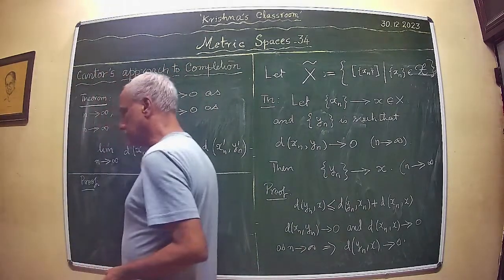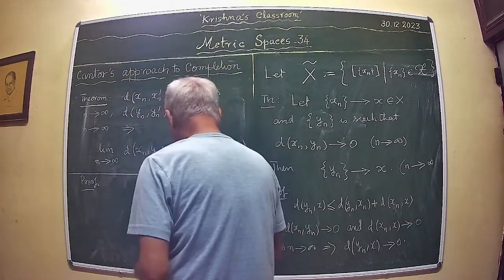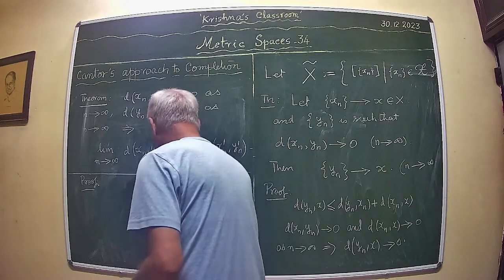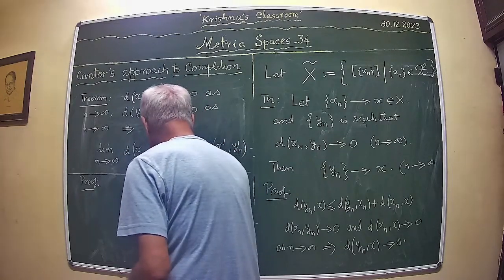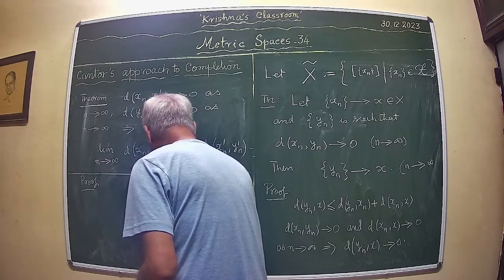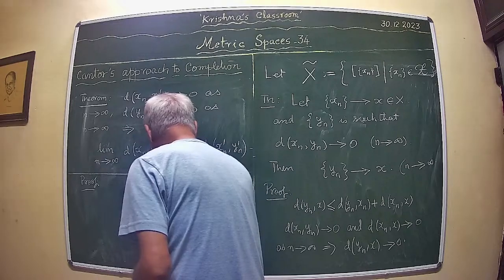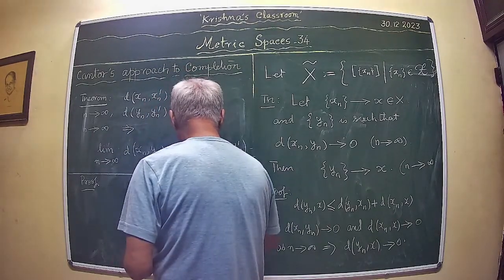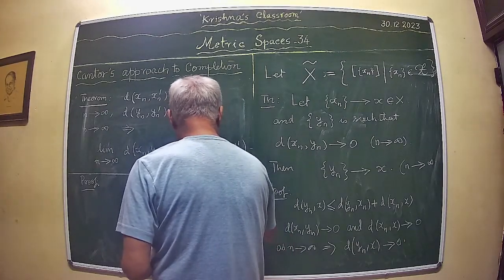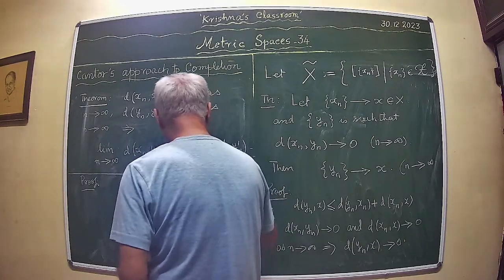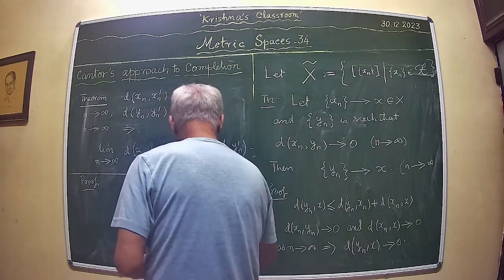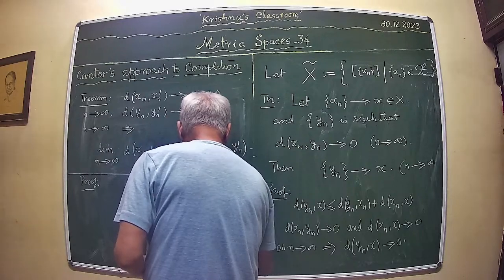That's quite simple. See, what you have is two sequences. This is one sequence, this is another sequence. So suppose this is x_n and this is x_n prime, which merge eventually. And then you have y_n and y_n prime.